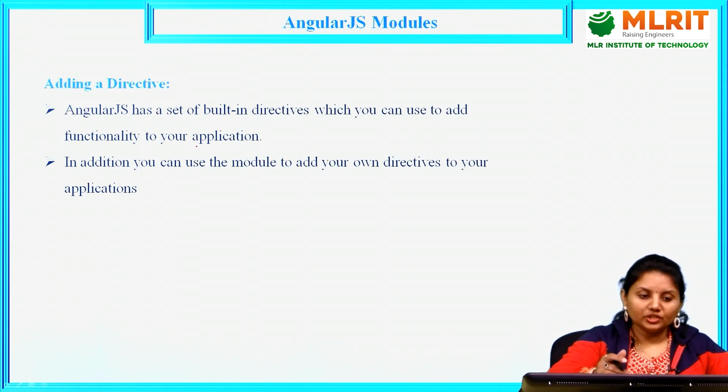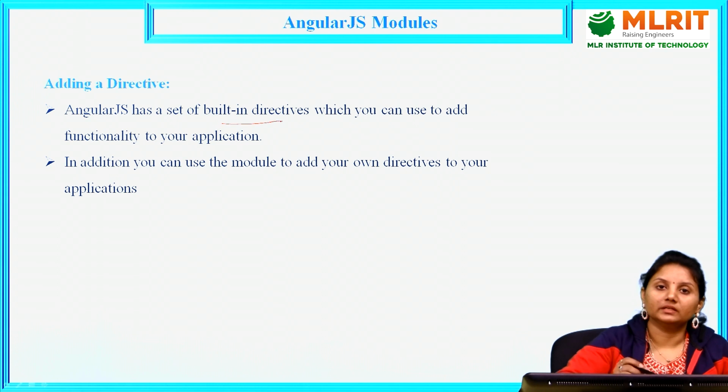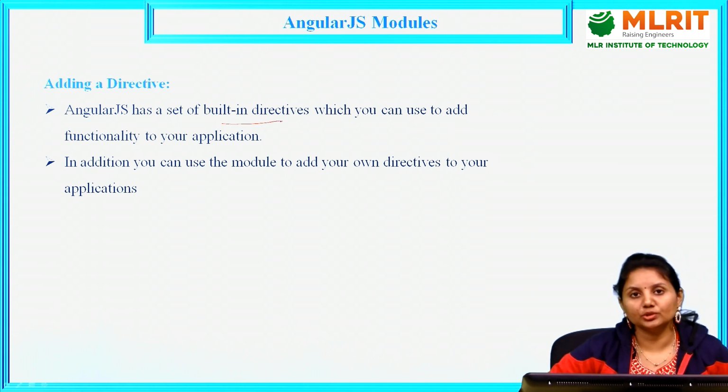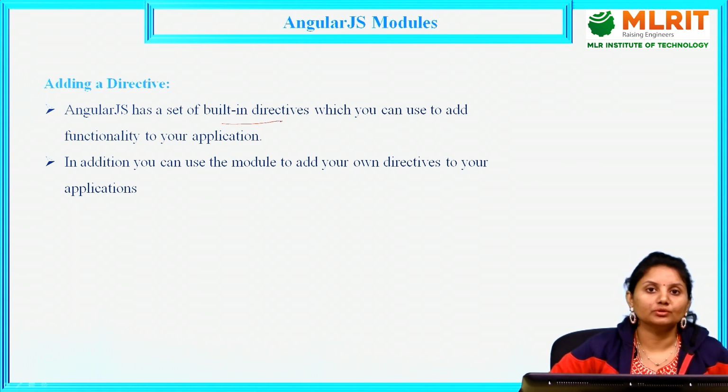AngularJS has certain built-in directives like ng-app and ng-controller. ng-app is used to build your application by passing a specific application name to ng-app. Then ng-controller controls the working of the modules that you have created.